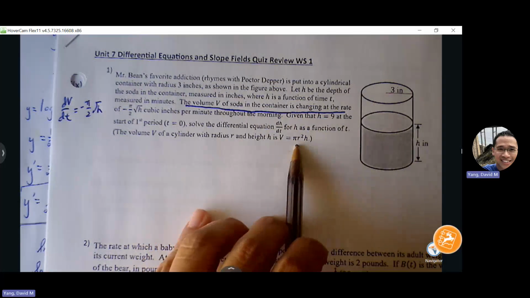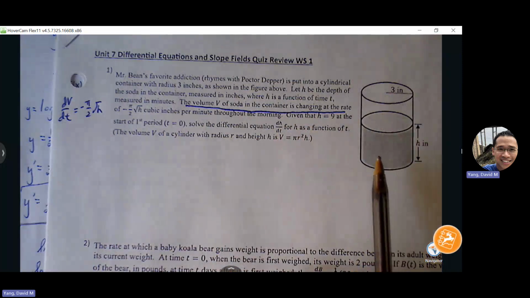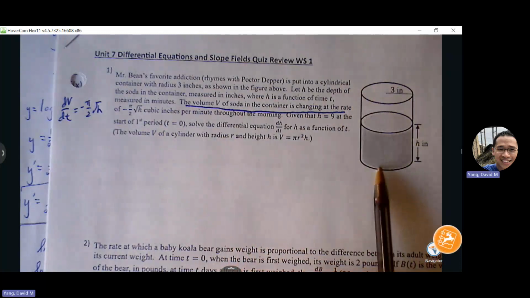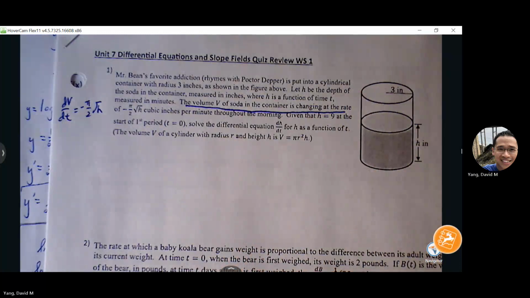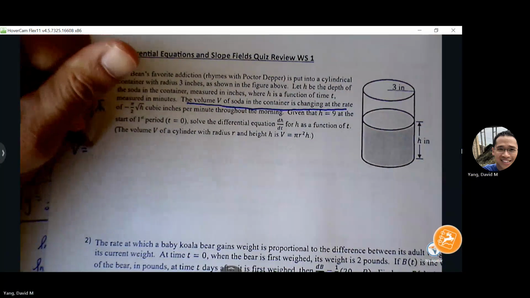Because the nice thing about a cylinder is that we don't have to go through similar triangles. It's not as messy as cones, right? And also, what do you know about the radius for a cylinder here? Does it change? Doesn't change, right?